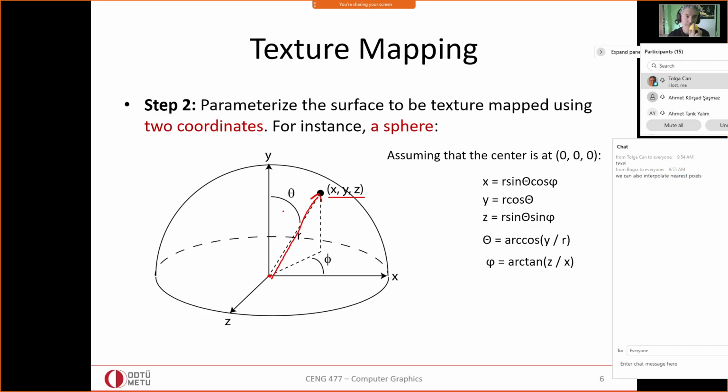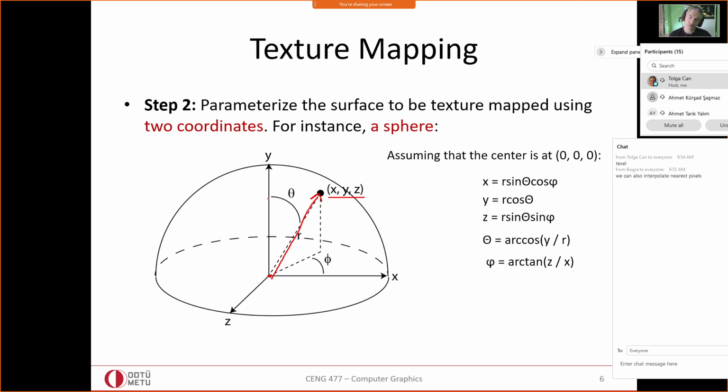If the center middle of the sphere is like Greenwich, you can move towards the western hemisphere or eastern hemisphere. How much you are away from Greenwich is the angle phi here. So this can be represented by two angles, theta and phi.